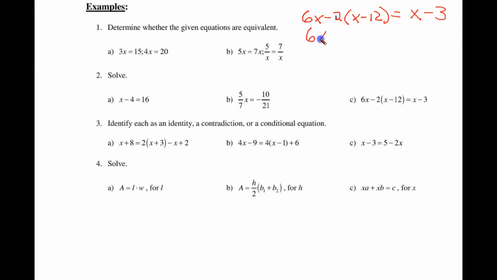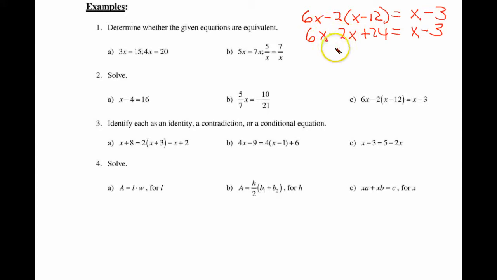So we get 6x. Now as we distribute, we get a negative 2x plus 24 equals x minus 3. Now notice we have two x terms, which we say are like terms.